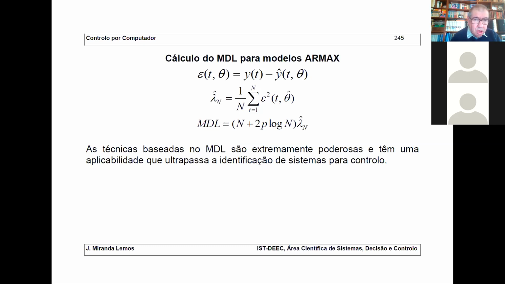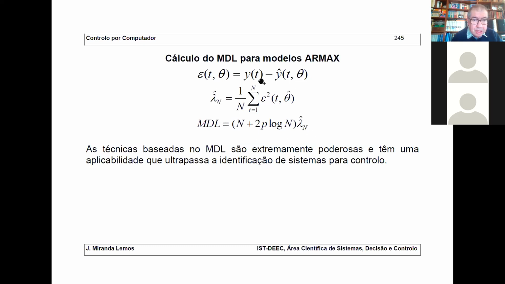Another measure is the so-called minimum description length. Okay, this type of figures of merit for the models are based on information theory concepts, some of them complicated. And the minimum description length, you can compute it using these formulas.